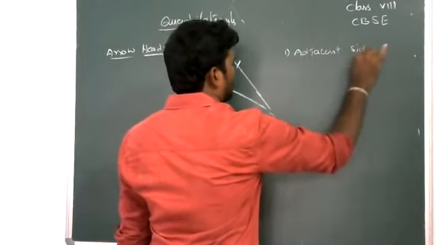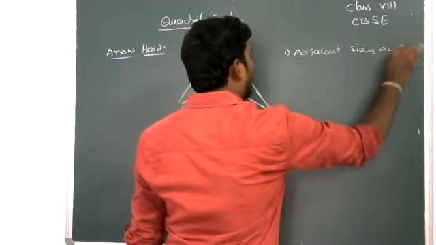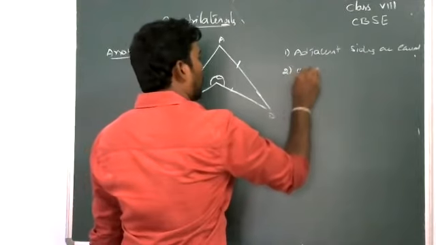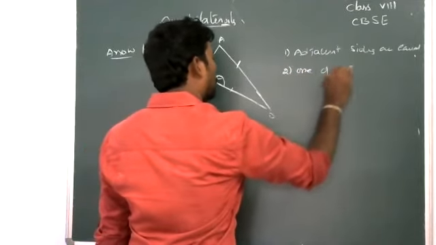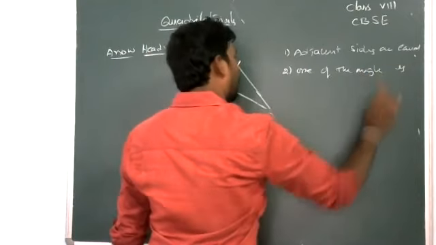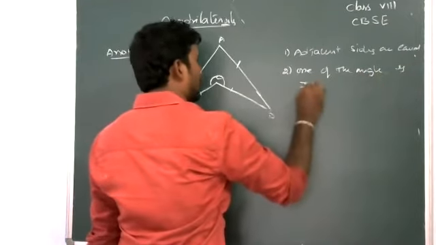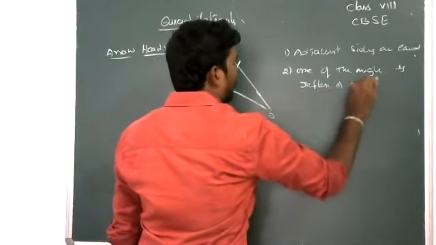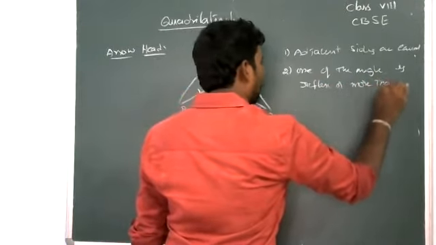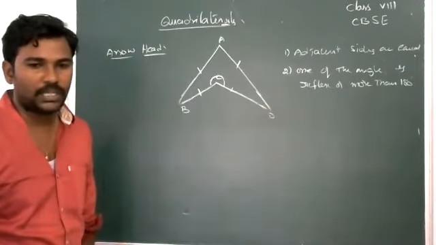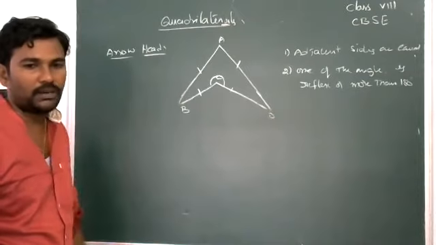And the second property is one of the angles is reflex, or more than 180 degrees. Then those quadrilaterals are called arrowheads.